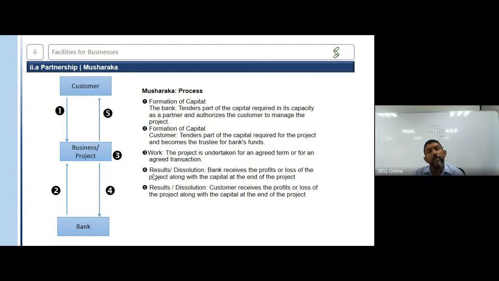Although both banks will consider the underlying transaction. If you go to a conventional bank and ask for a facility, of course the bank will ask what you are going to do with that, what your purpose is, how the project is looking, what kind of profits you can make from that. All that will be evaluated. But the link to actual profits is what this Musharaka arrangement establishes in Islamic banking.